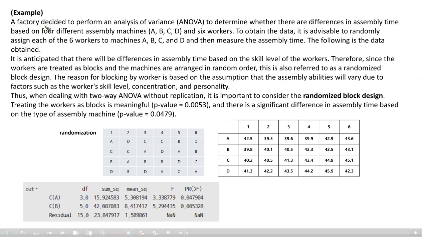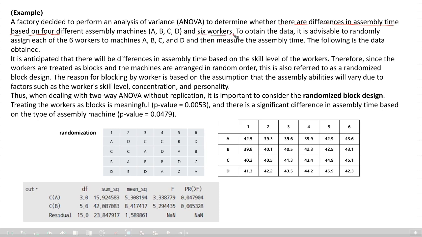A factory decided to perform an analysis of variance to determine whether there are differences in assembly time based on four different assembly machines, A, B, C, D. The factory would like to decide which assembly machine is best.